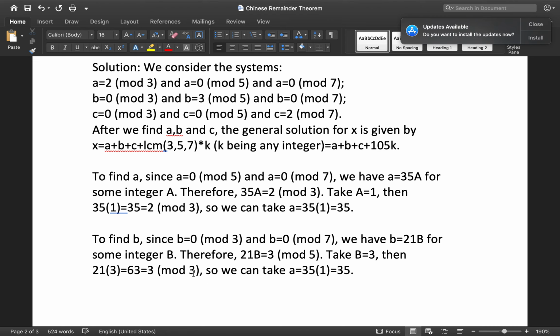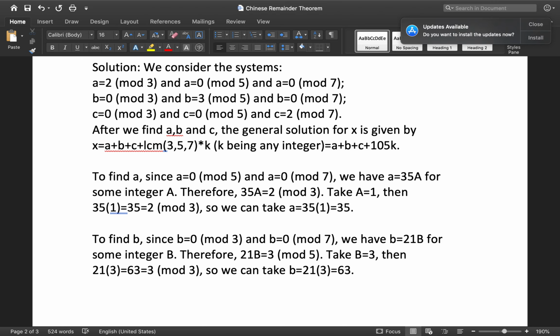Therefore, you can take small letter b to be 21 times 3, which gives you 63. So we got the value for b as well. Actually you see the method is exactly the same for solving b, if you compare that to the method in solving a.